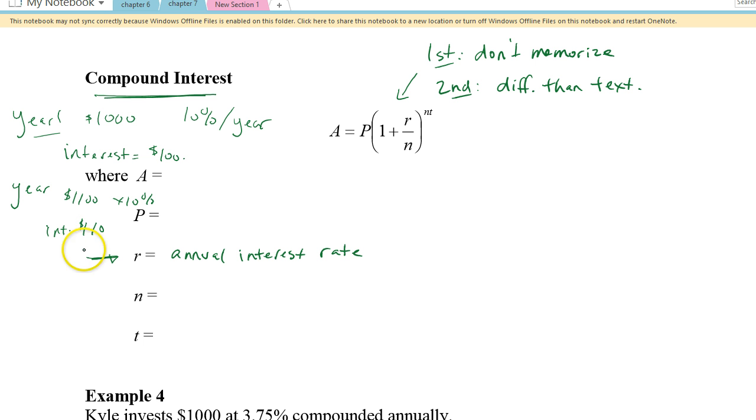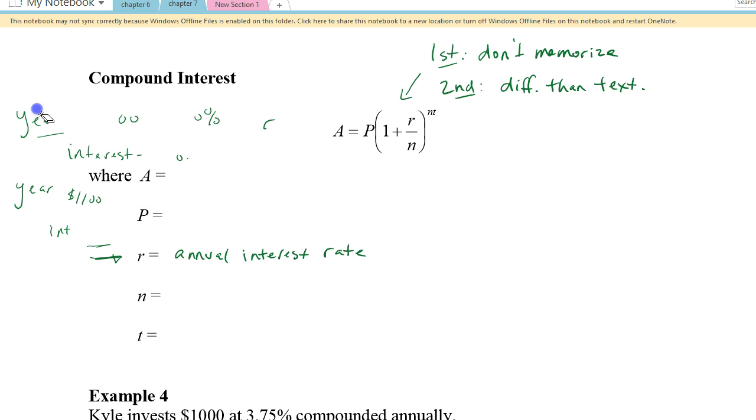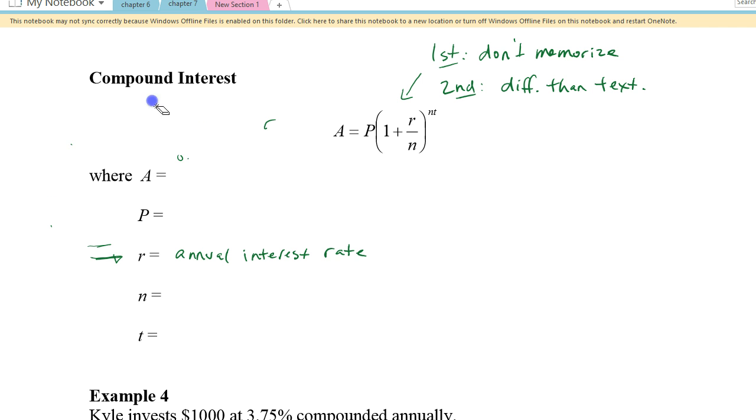I hope that makes some sense to you. So compound interest is why everybody tells you to start saving when you're young: you're going to be getting interest on your interest.